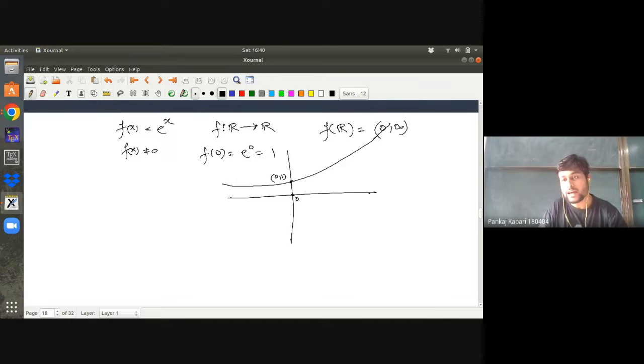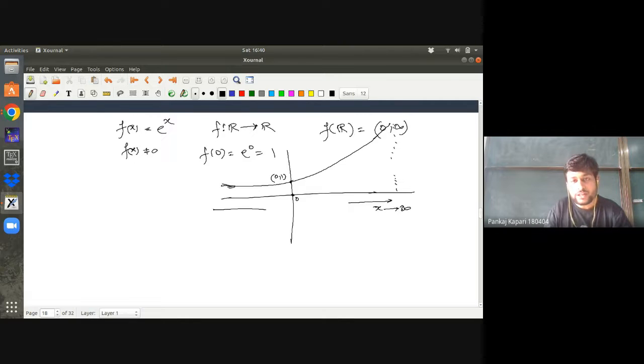When x goes to infinity, in this direction, the value will become larger and larger, due to the exponential. But if you go in the negative direction, it will come very close to the x-axis, so they will become kind of parallel.